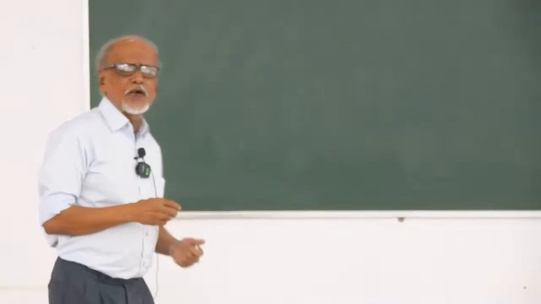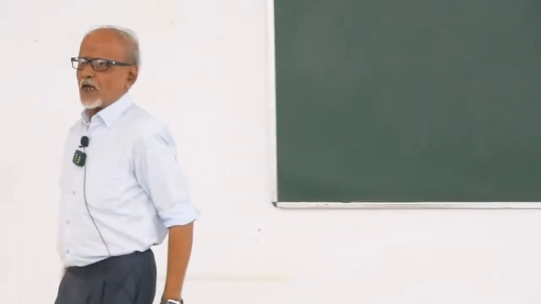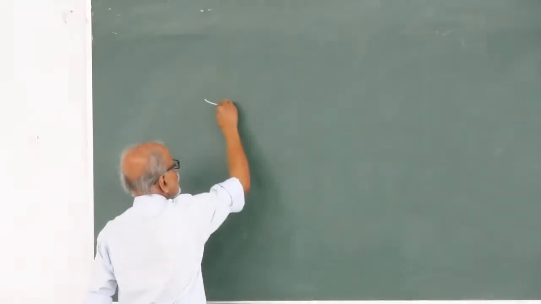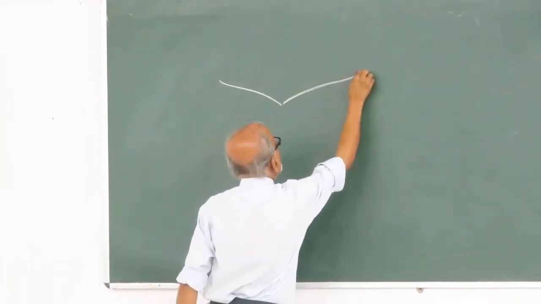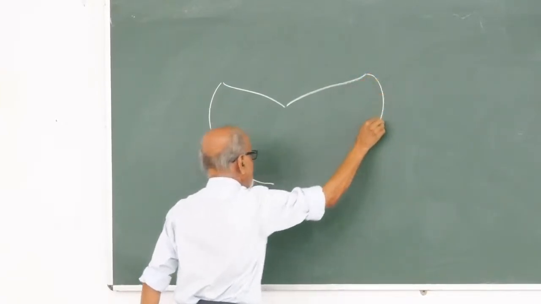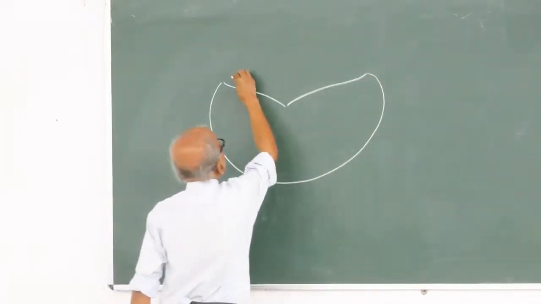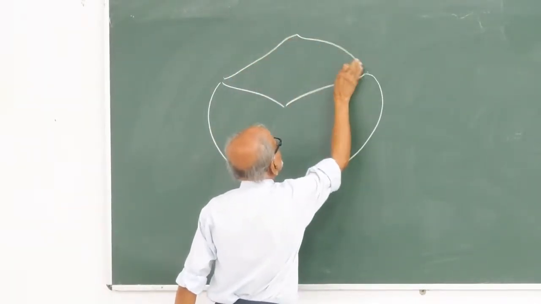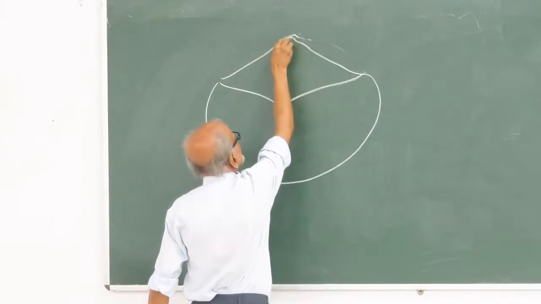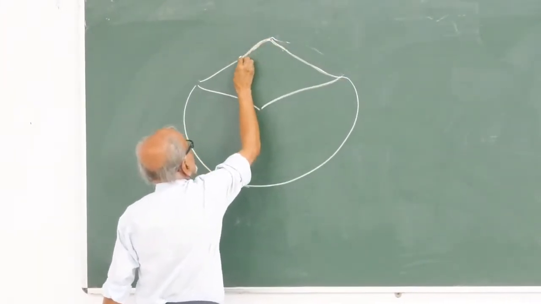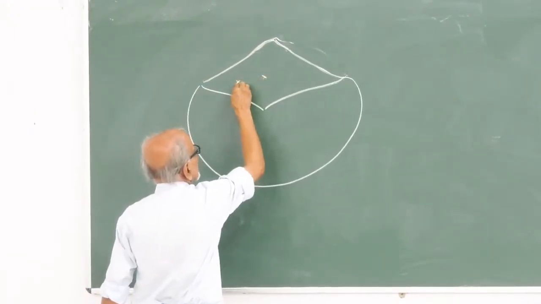আচ্ছা, তাহলে if I draw a diagram of that part of the brainstem, pons and medulla, very simplified একটা diagram যদি দেখাই, that diagram will be looking like this. This is the fourth ventricular cavity.